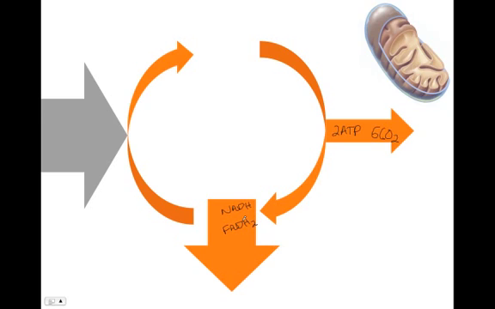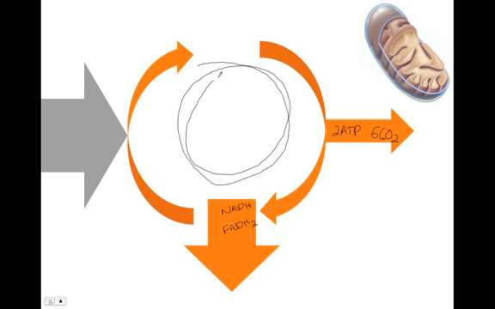Now, for each glucose molecule, we're going to get 2 pyruvate molecules, and we're going to get 2 acetyl coenzyme A molecules, which means we'll get 2 full turns of the Krebs cycle. 1, 2. So we get 1 ATP out of that first turn. We get a second ATP out of the second turn.